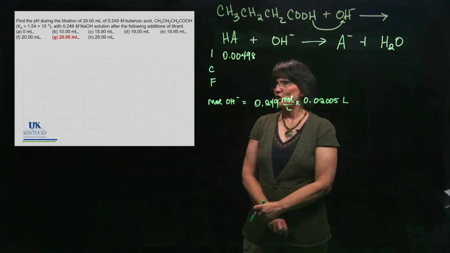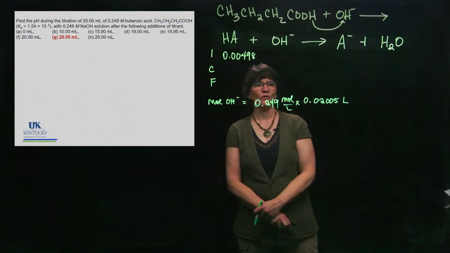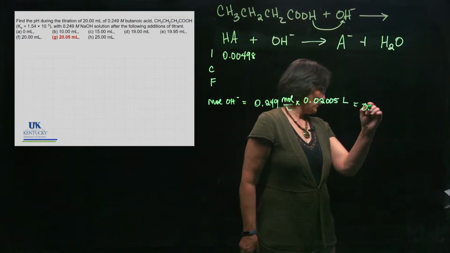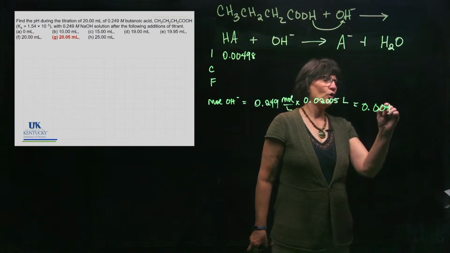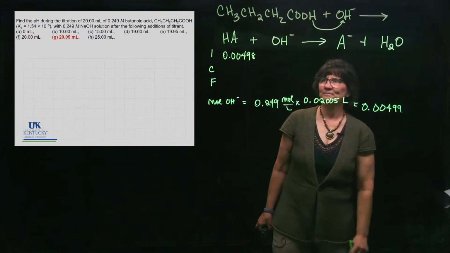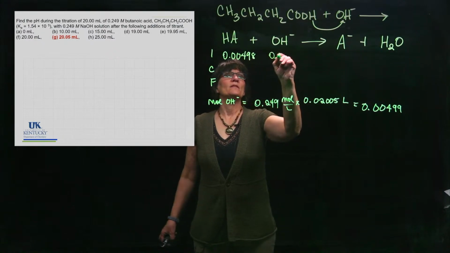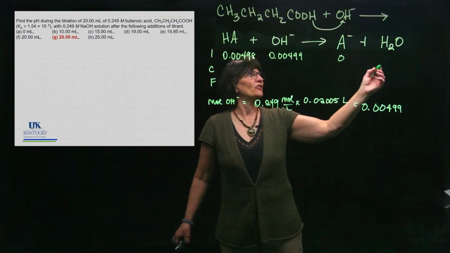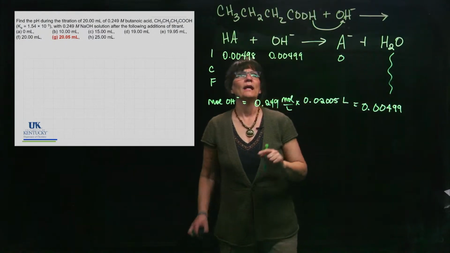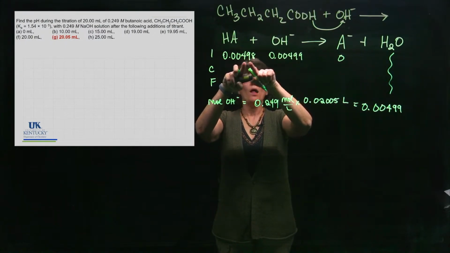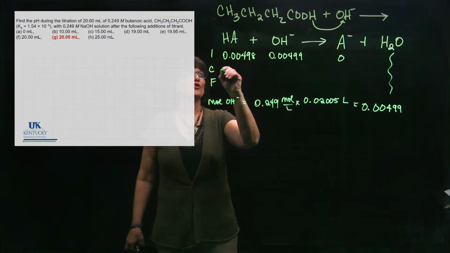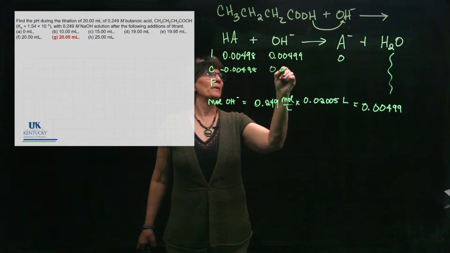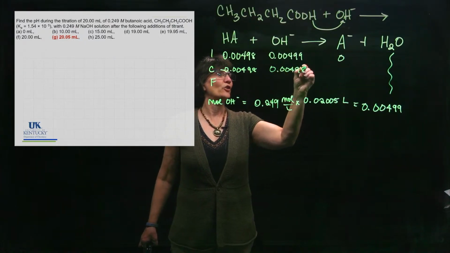0.02005 liters. We're just beyond the 20 milliliters equivalence point. This is going to give me a value of 0.00499, okay? Now look at these two numbers and I see that this one is smaller than this one. I have consumed all of the smaller one, and that's how much of the bigger one I'm allowed to react, no more.